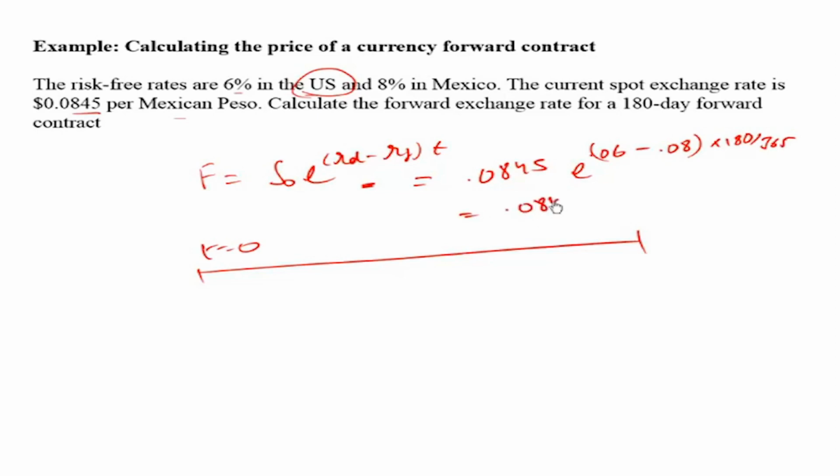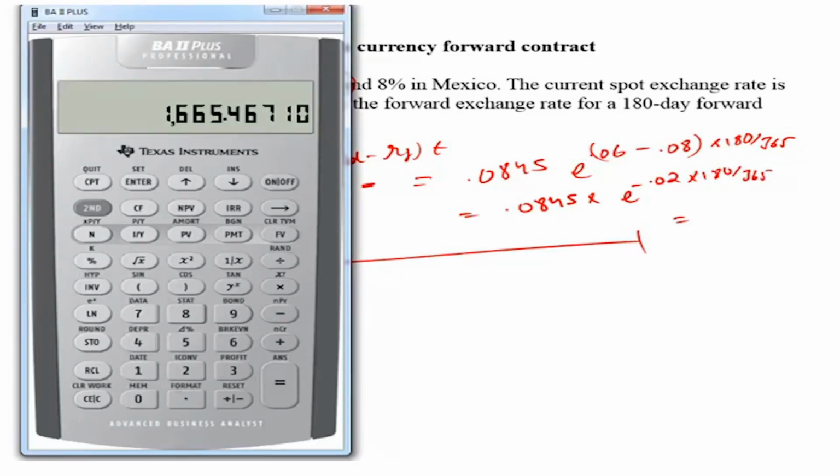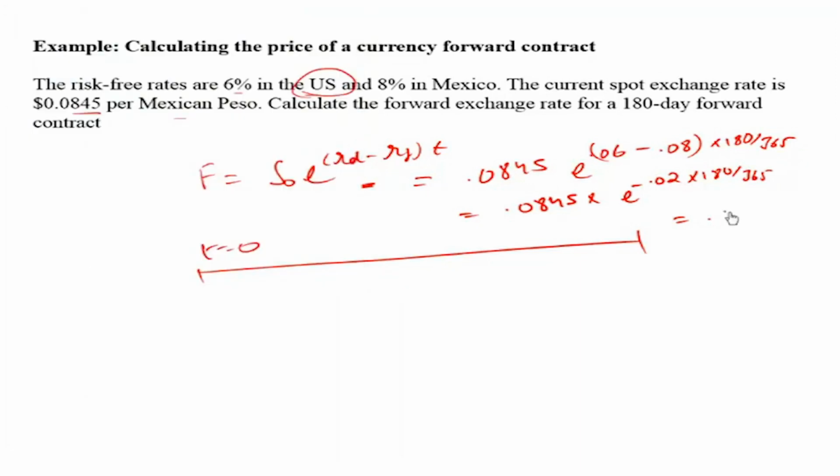So we can compute: 0.02 into 180 divided by 365, minus second ln. This is e raised to the power term multiplied by 0.0845 will give us the forward currency that comes out to be 0.08367.